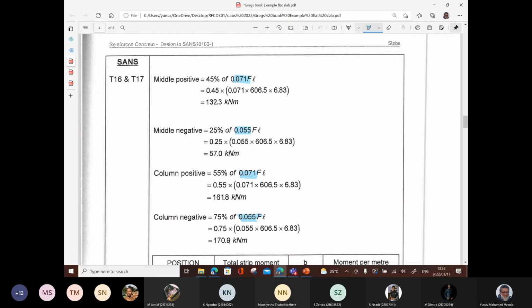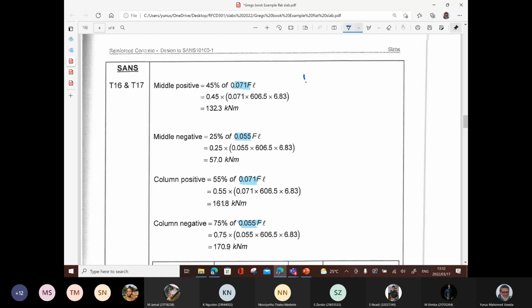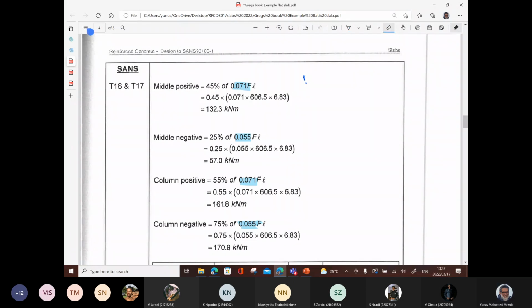As you're choosing from the table, when you're talking about the middle position and middle negative and so on, you're talking about the picture or the drawing on page 4.30. As you're talking about the long span and the short span, you're talking about that sketch, or the whole floor on page 4.28.